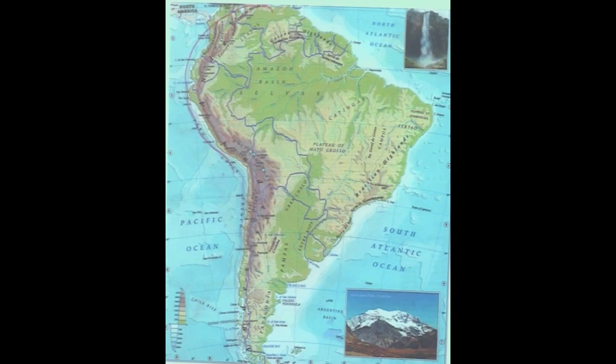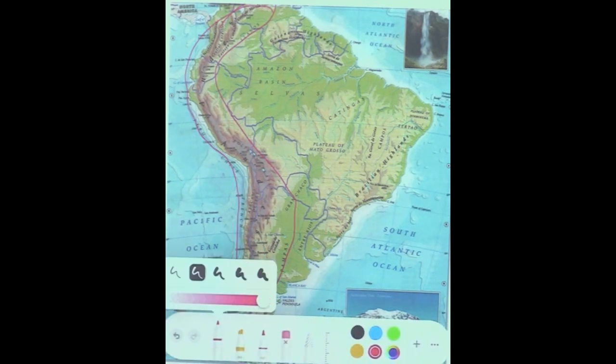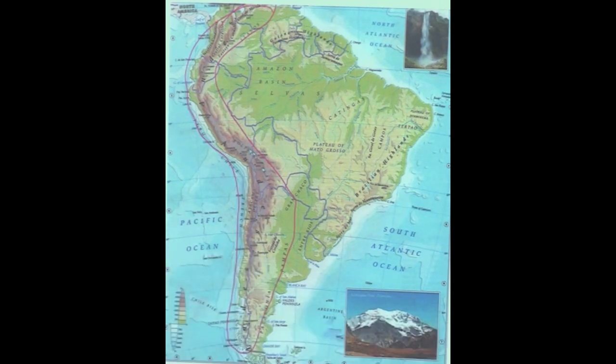The entire western part of the continent goes with mountains, which are considered to be the lengthiest chain, and I repeat, the lengthiest chain of young fold mountains. When I say lengthiest chain, remember it is not a synonym for highest. The name of the mountains is Andes, and we call them Andean Cordilleras.